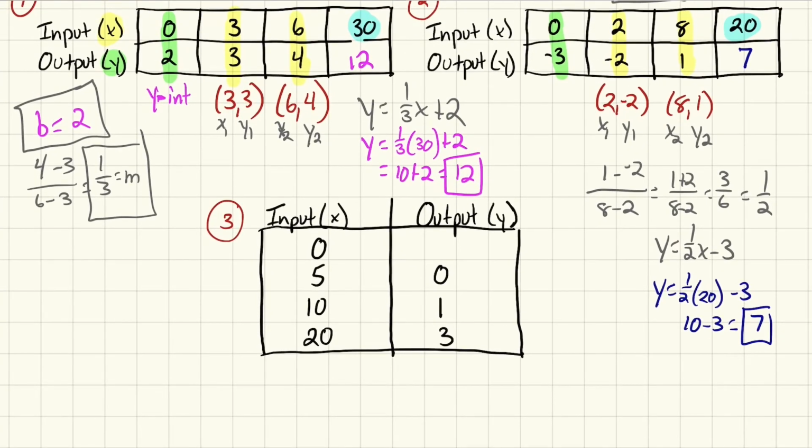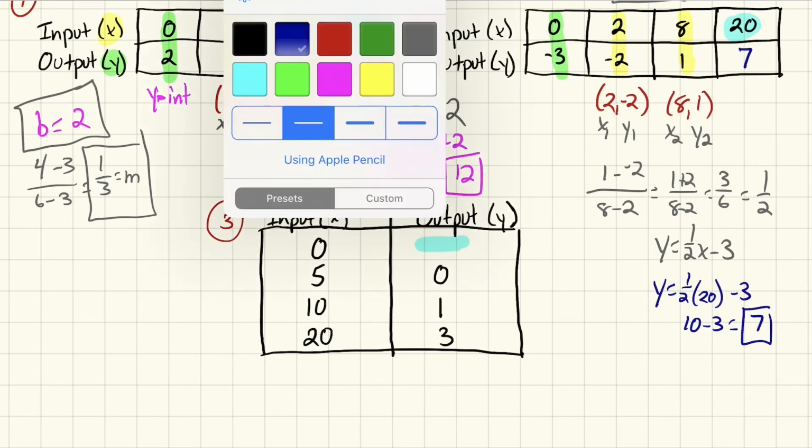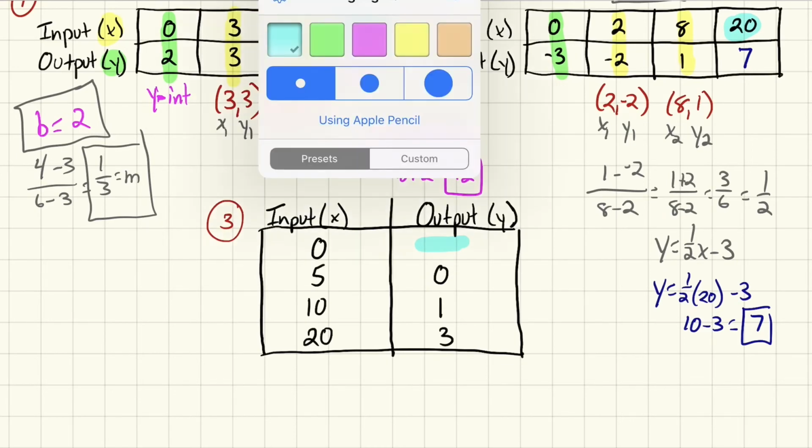So where in 1 and 2 everything was written across, in problem number 3 everything's written vertically, and unfortunately for us, we don't know what this piece is, right? We don't know what our y-intercept is. Well, that's not a problem. We can still figure it out. All we have to do is just go ahead and start looking at our slope.